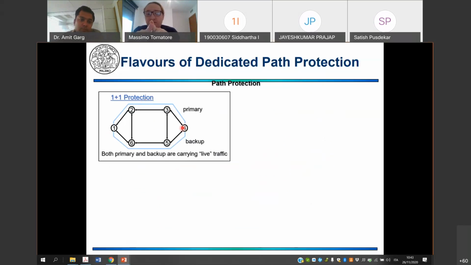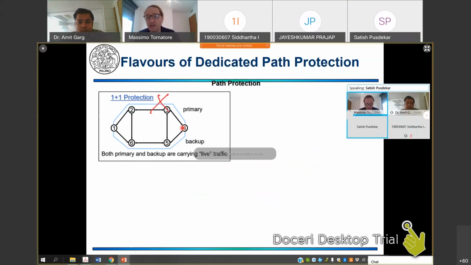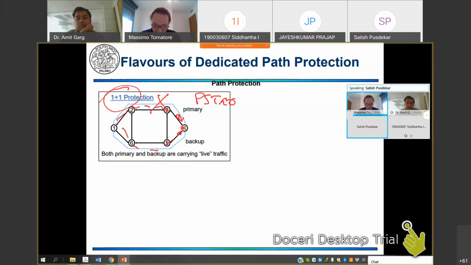In this way, if there is a failure, you don't have any penalty on the protection switching time, because you are sending the information in both directions at the same time. So basically your protection switching time is about 0. But it's 1+1: you are sending the information on both sides.